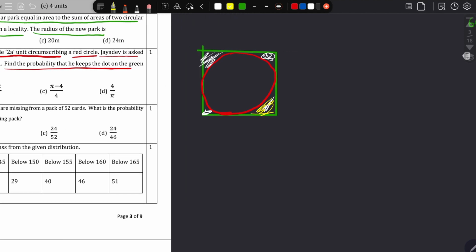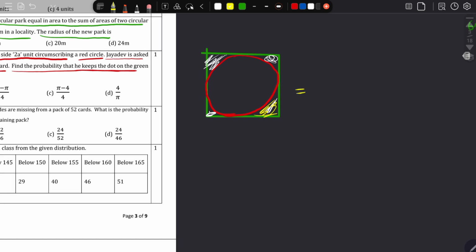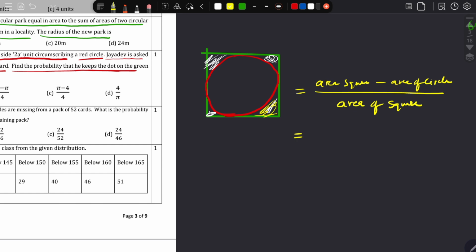So the required probability will be favorable area, which is area of square minus area of circle, divided by the total area, which is the square.